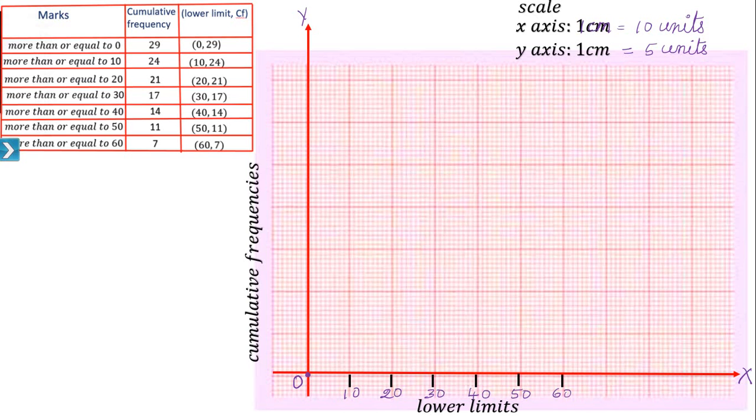Now, along y axis we have chosen a scale 1 centimeter is equal to 5 units. So, 5, 10, 15, 20, 25, 30. Now, plot the points. First point is 0, 29. Along the x axis 0, along the y axis we have to go till 29, that is 2 lines below 30. Here it is.